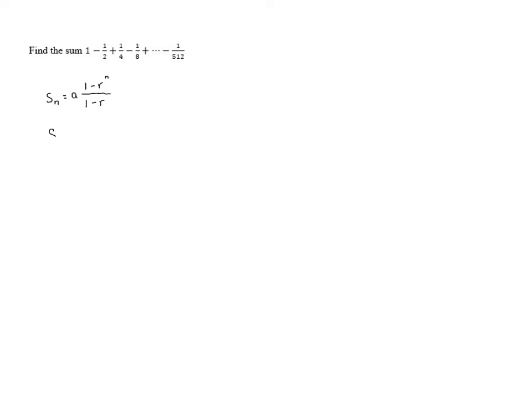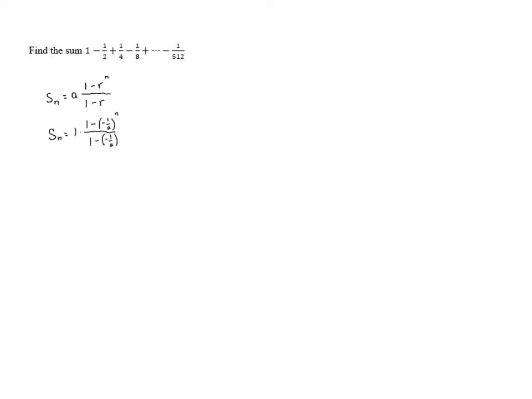In this case, we notice that the first term is 1, so it's going to be 1 times this whole fraction, and we said the common ratio was negative 1/2, so it's going to be 1 minus negative 1/2 to the n all over 1 minus negative 1/2.